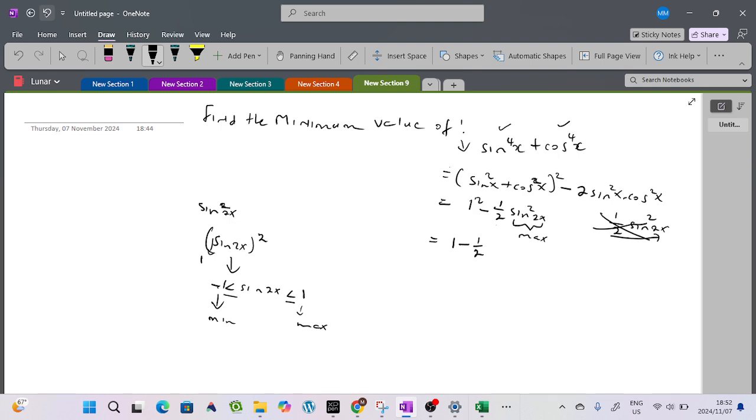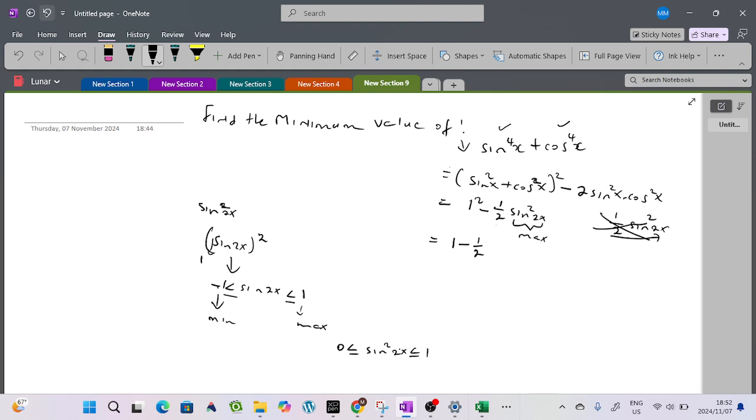What will the range of sine 2x all squared be? It ranges between 0 and 1, because when you square a number, it cannot be negative. It can either be 0 or above 0. So this is the range of sine squared 2x.